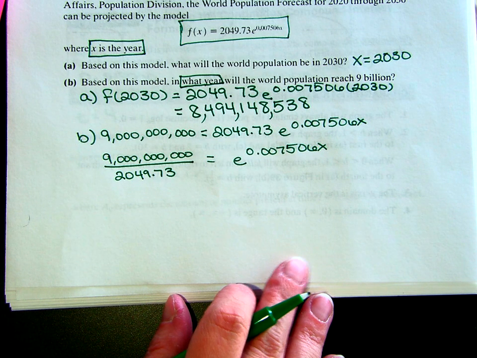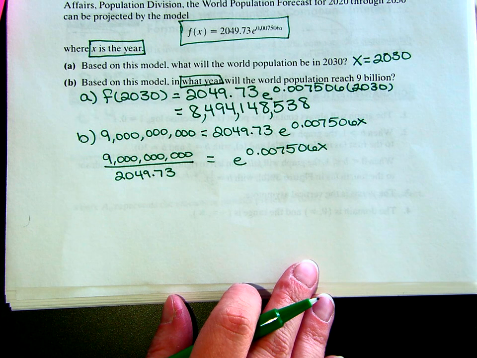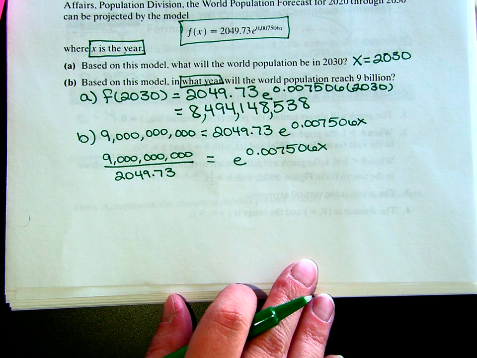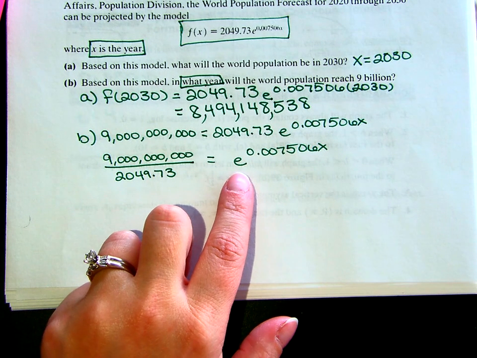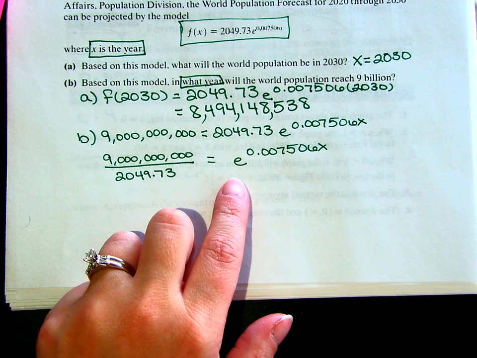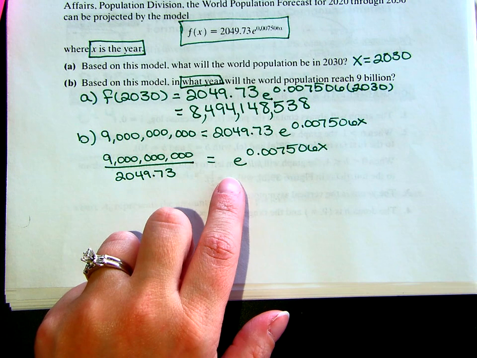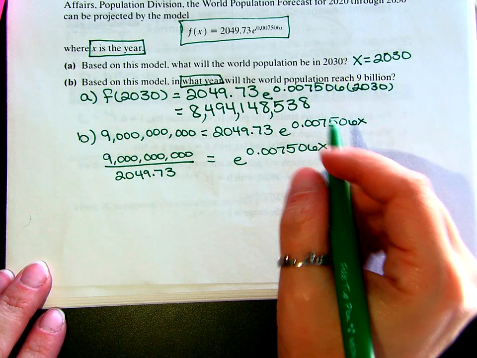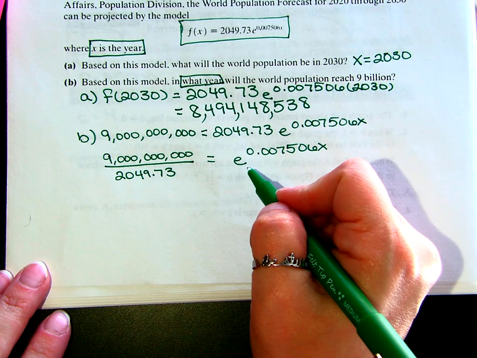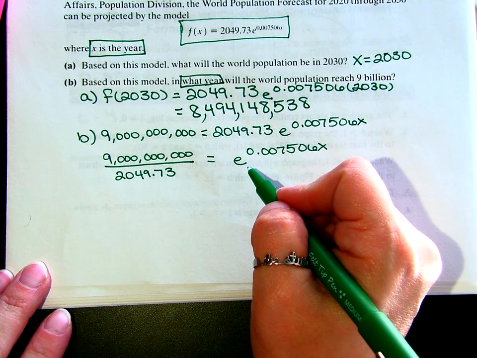Now we have our exponential by itself, and at this point we either log or ln, depending on our base. What would we do since our base is e? We're going to ln both sides. That's exactly right. And what happens when we ln e? It goes away. So I'm going to do that all in one step, but I'll write the little rule over here again: ln e to the k equals just k.